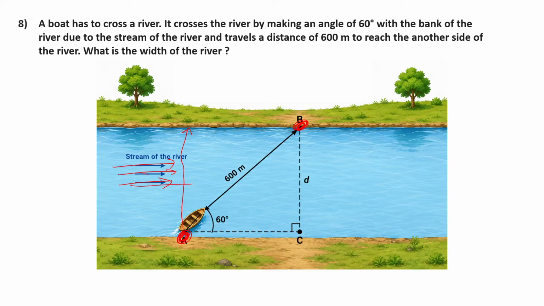So the stream pushes the boat in this direction. So the boat will travel making an angle of 60 degrees with the bank of the river, and it travels 600 meters to reach the destination. And this perpendicular line is nothing but the width of the river. This is what we have to find.